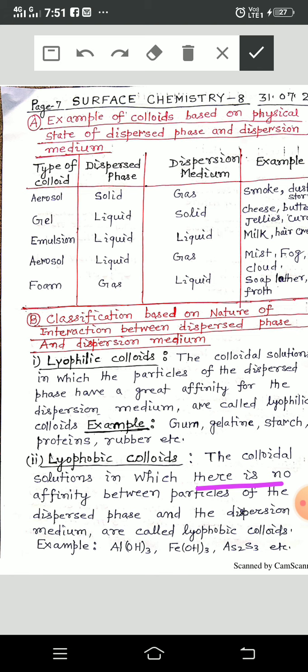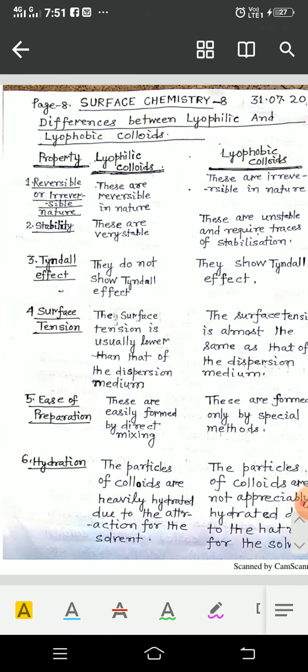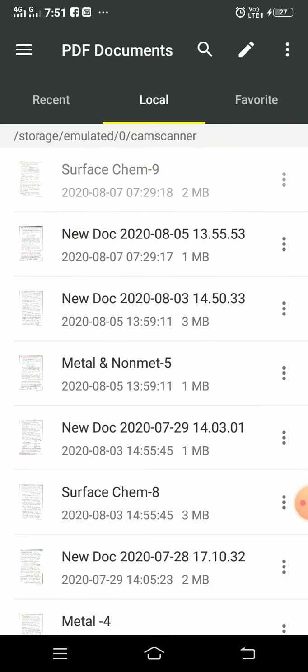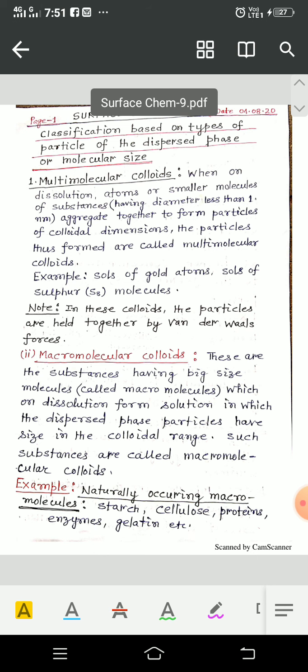Example, aluminum hydroxide, iron hydroxide, arsenious sulfide, etc. Now on page number 8, these are the differences between lyophilic and lyophobic colloids. Now with the help of lesson 9, I am going to discuss this further in lesson 9.